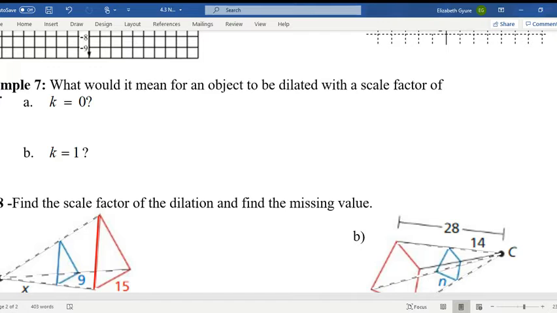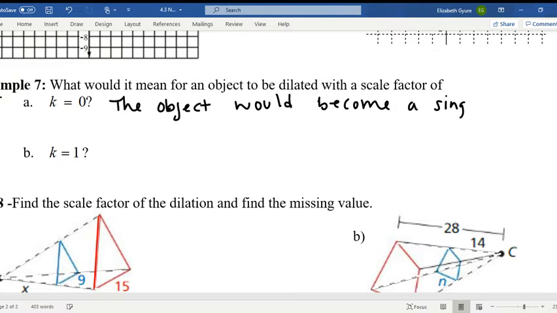So what would happen is that the object would become a single point, 0, 0, right? Everything would turn into 0, 0.